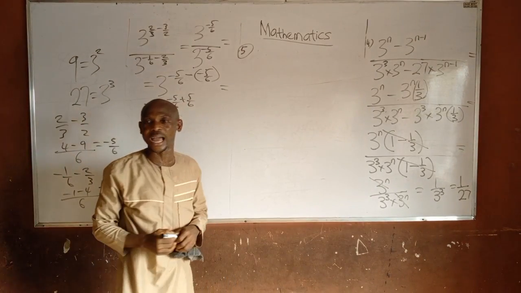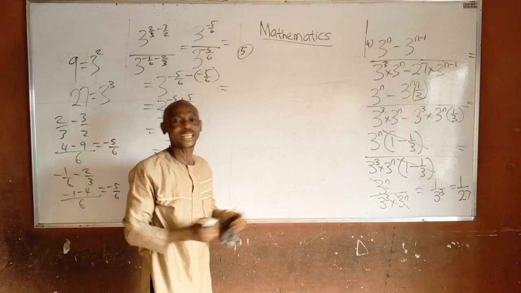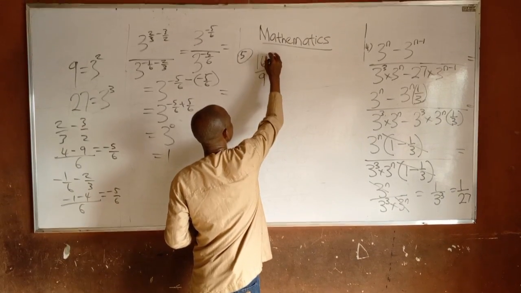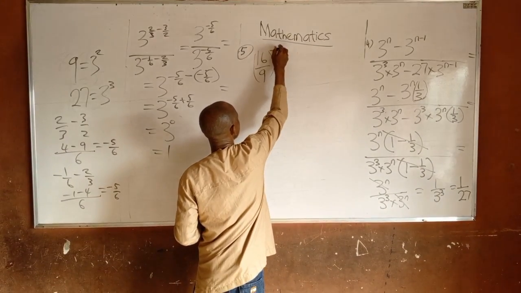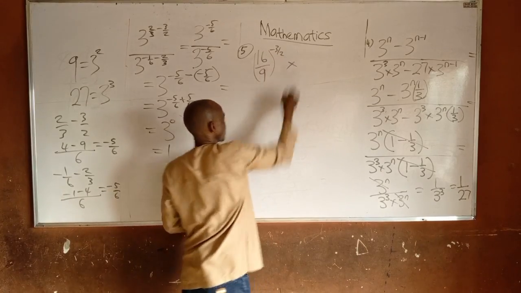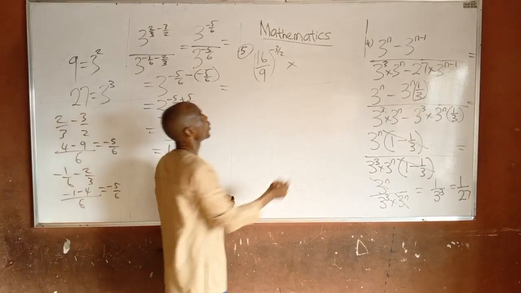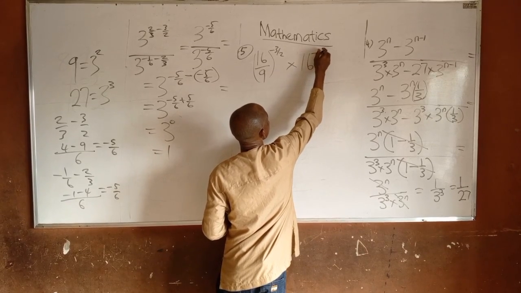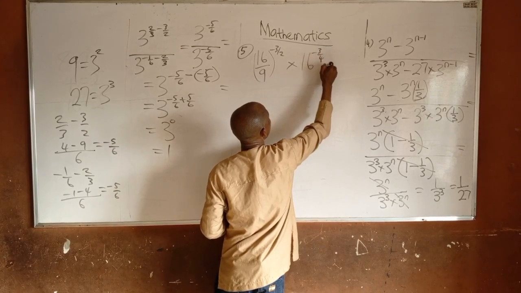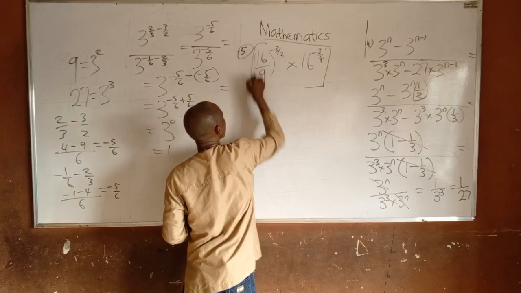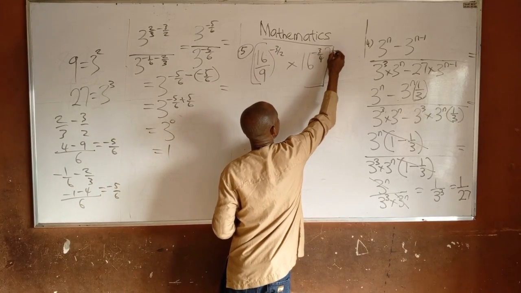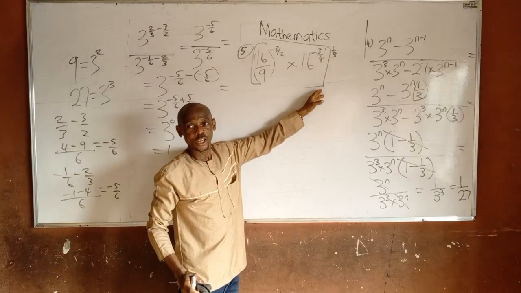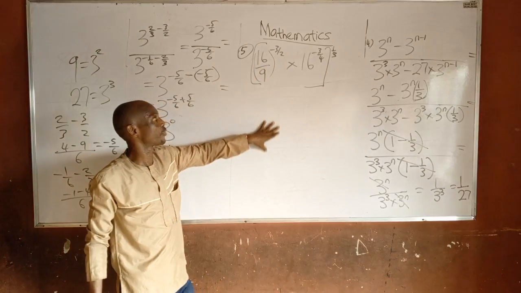Question number 5. If we are asked to evaluate 16 over 9 raised to the power of minus 3 over 2, and we are to multiply it by 16 raised to the power minus 3 over 4, then all in the bracket raised to the power of 1 over 3.